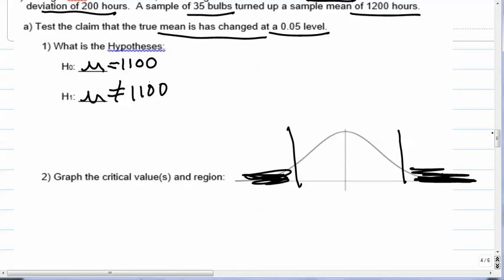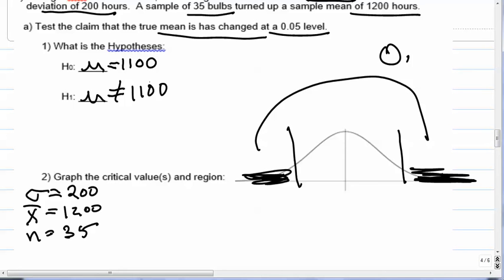Now, in this problem, we're given the population standard deviation of 200, so we're going to be working with z-scores. X bar is equal to 1,200. N is equal to 35. Going to our z table, there's 0.05 amount of data outside of these two bars here, right?